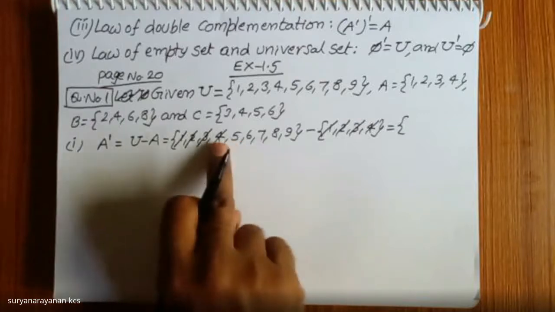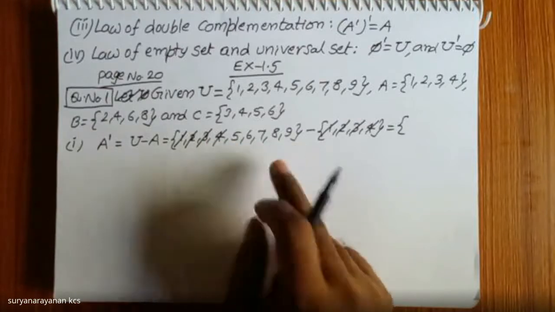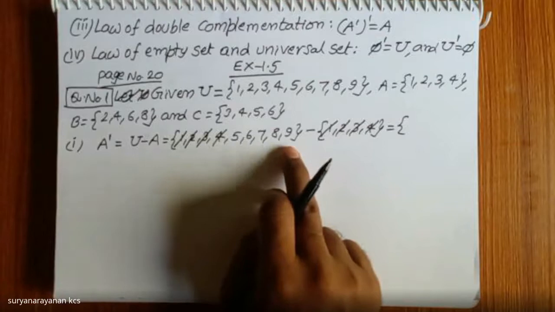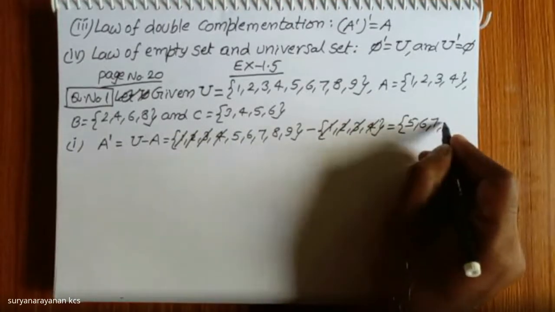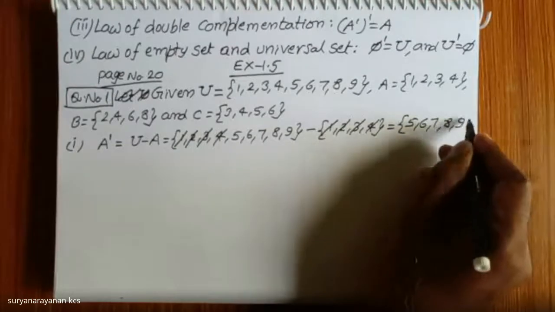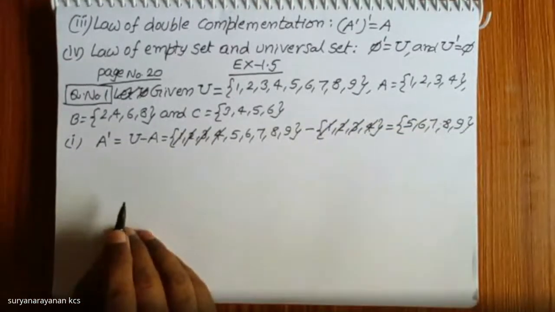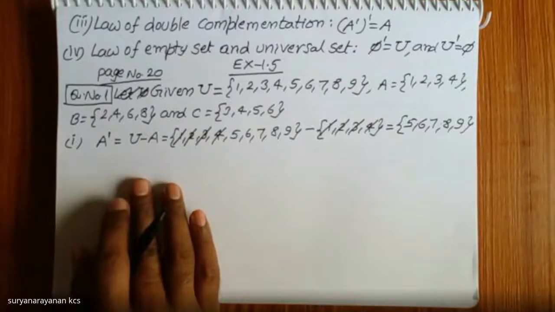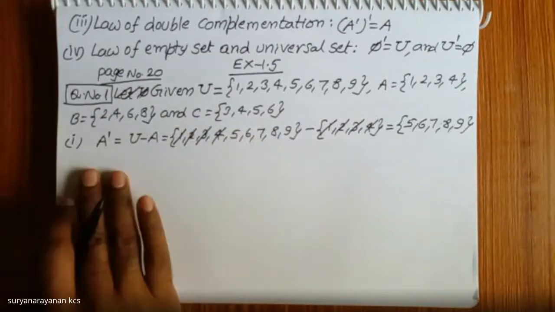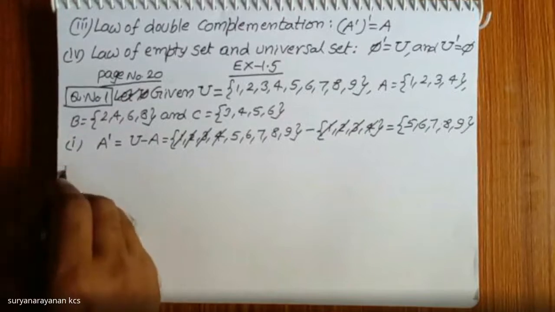Yes, the remaining elements in the first set. So what are the elements left after cancellation? 5, 6, 7, 8, 9. Okay, my children. If you are strong in the difference of two sets, this exercise is very, very easy.